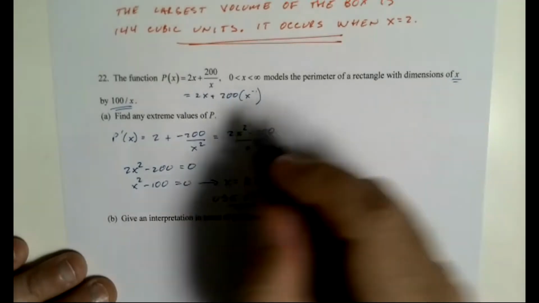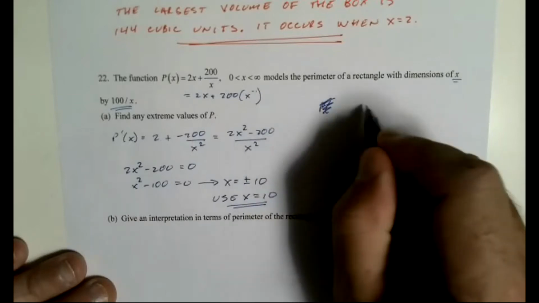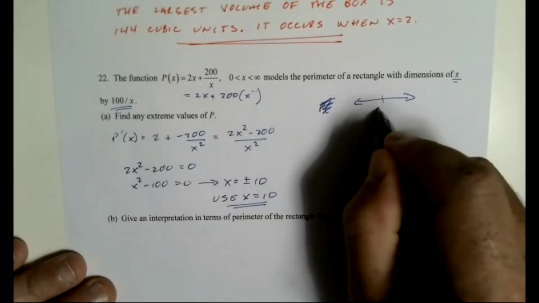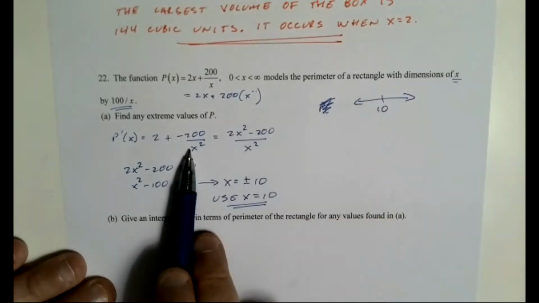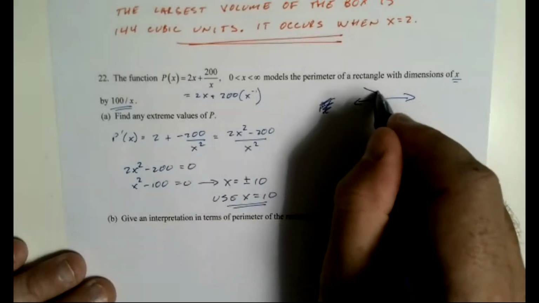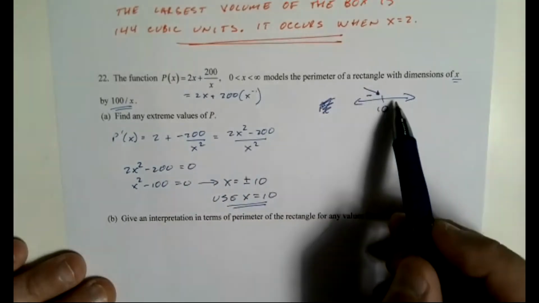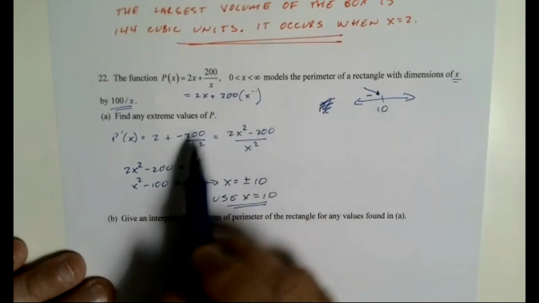So function finding extreme values of P, sorry, 10. So plug in 1, 2 minus 200, negative. Plug in gazillion, that gets towards 0, it does go to infinity.